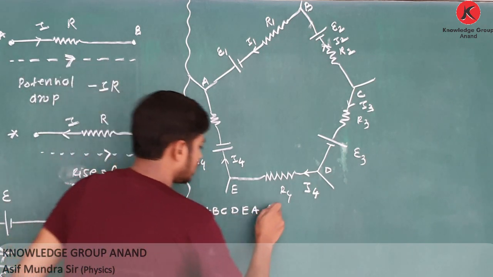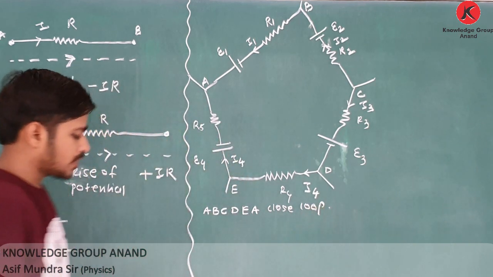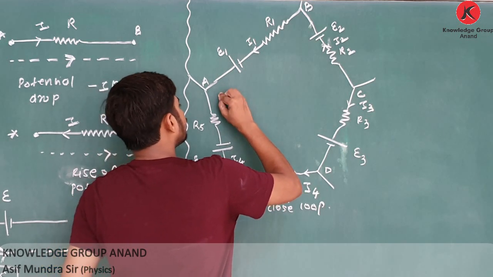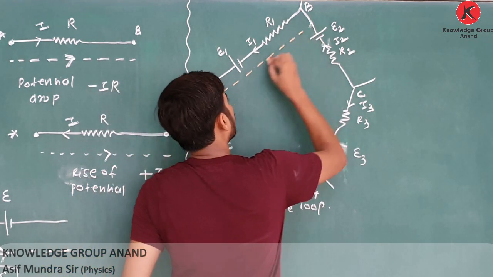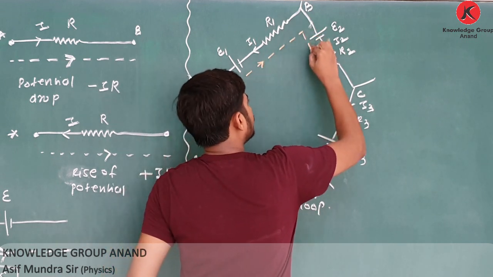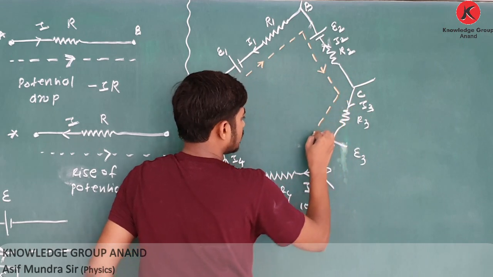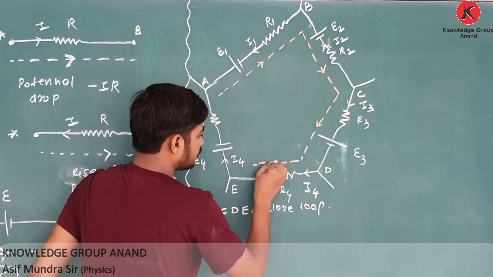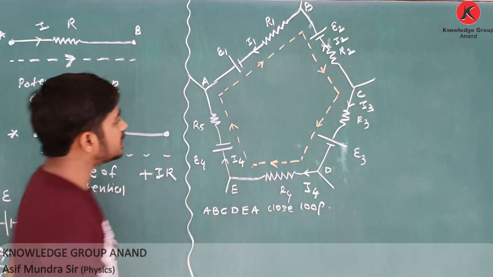We have to move from A to B on this path, then B to C, then C to D, D to E, and then E to A on this path. Clear?